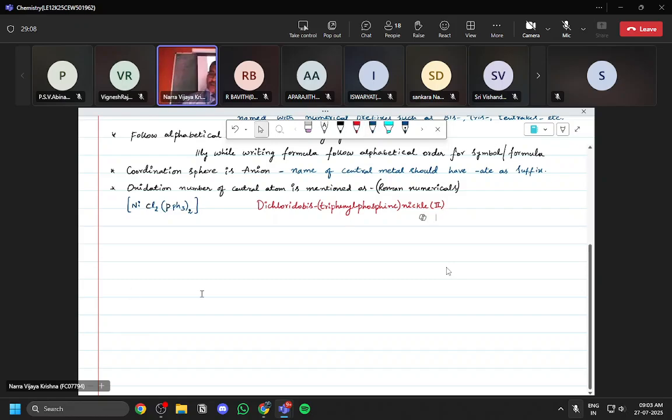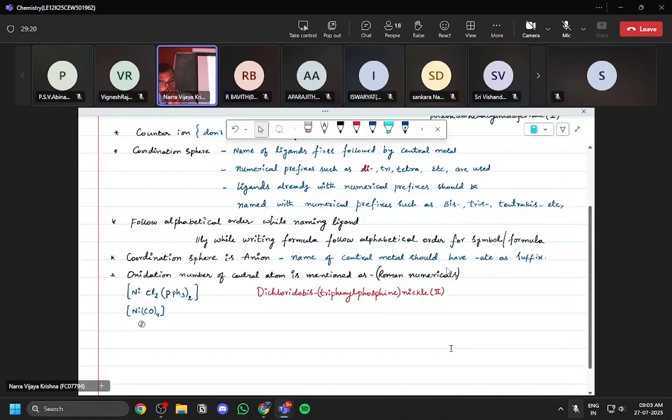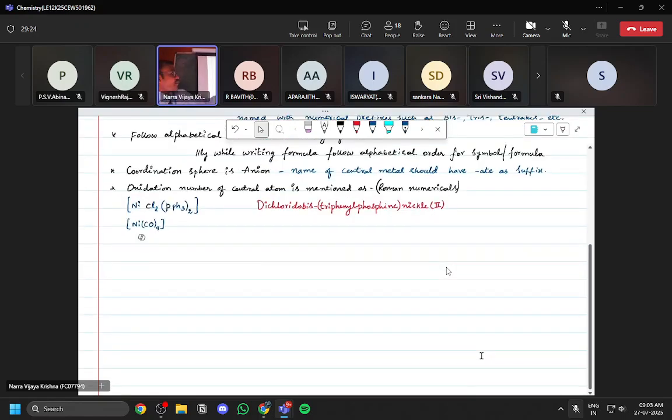Next, I am taking one more complex. Ni(CO) 4 times. One more thing. While you are writing formula of complex also, observe here what I am writing. For few ligands, I am using parentheses. For few ligands, I am not using it. If that ligand is monoatomic, no need to write any parentheses.